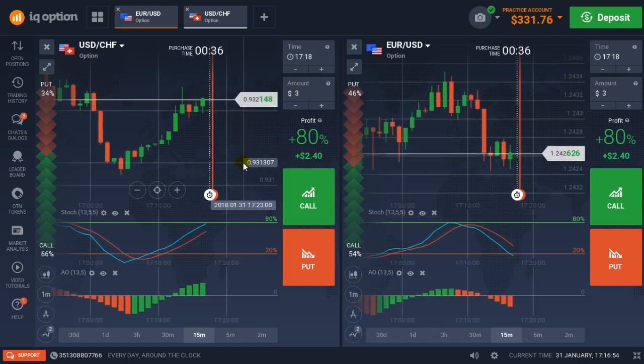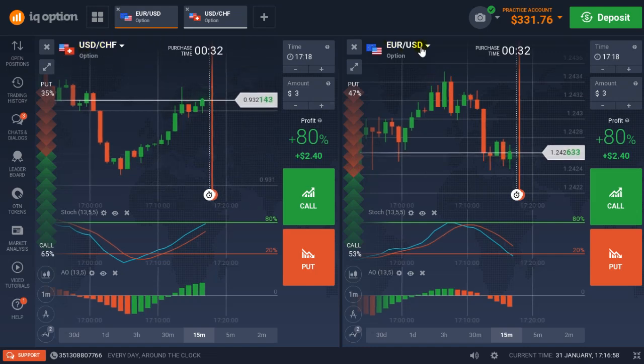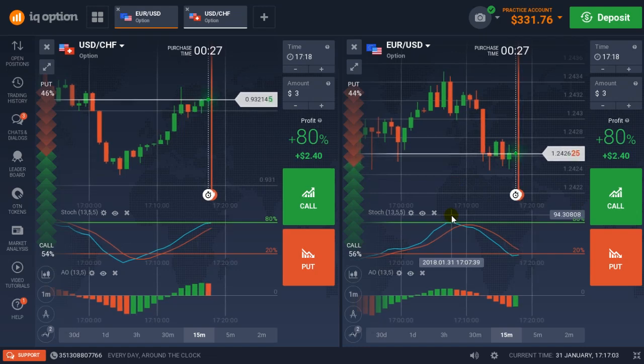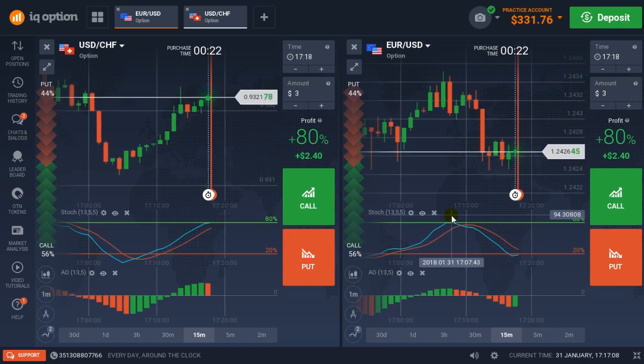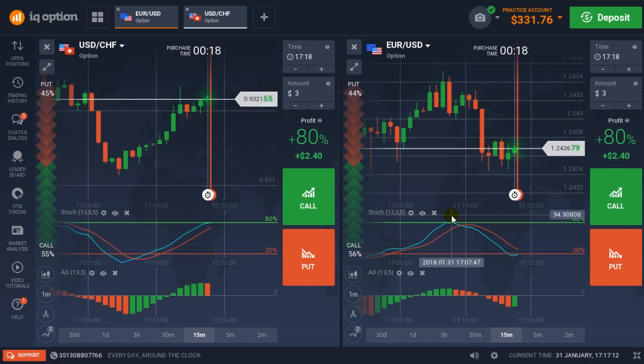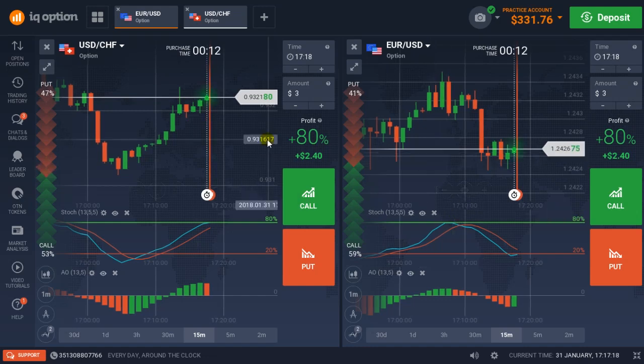Okay, now we've got two currency pairs, the USD Swiss franc and the Euro USD set up, and we can start trading. Now before we do, don't forget the rule set that I taught you in previous videos and that you can find in the PDF that you can request. It has to be strictly obeyed and complied with on both currency pairs.